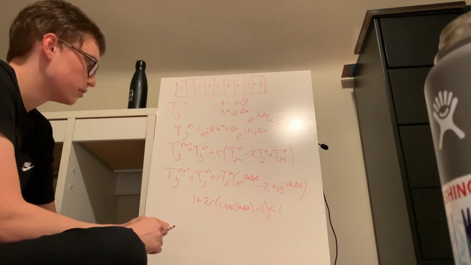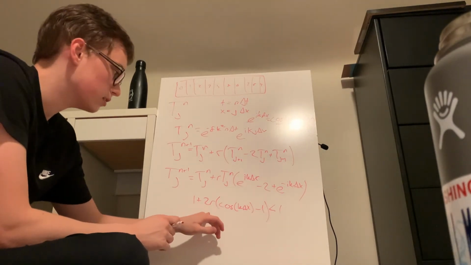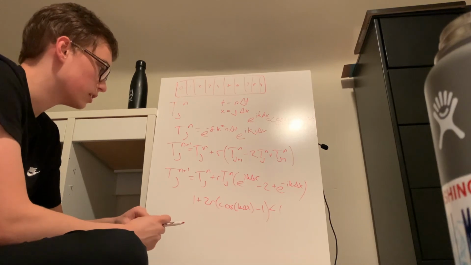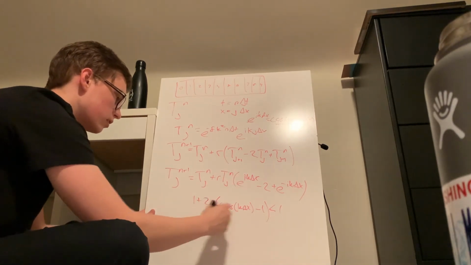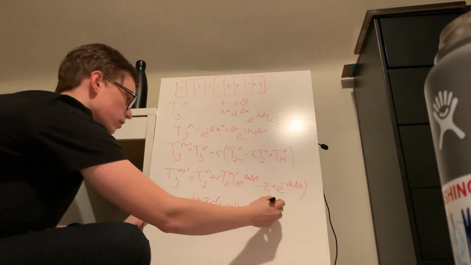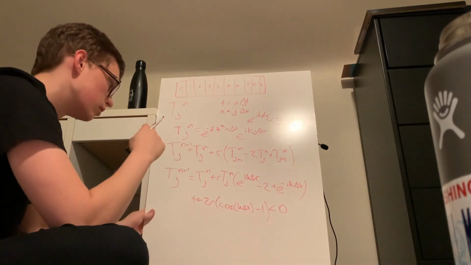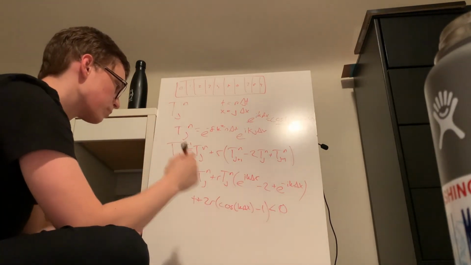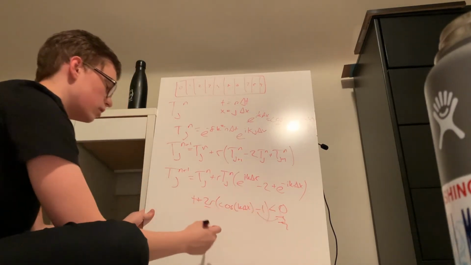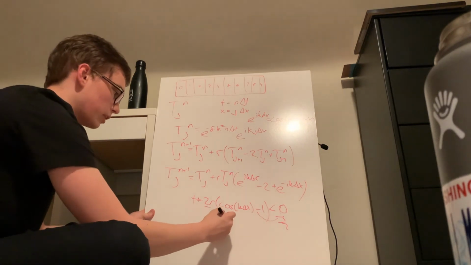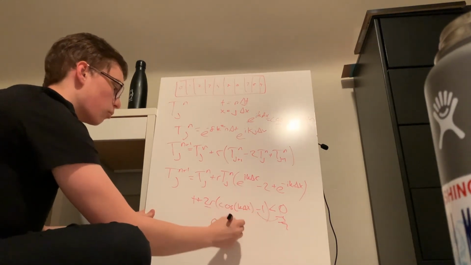And then simply by simplifying this equation down, the 1 turns to a 0, we've got the plus 1 over here, and then divide by 2. Our r value then has to be less than 1/2.